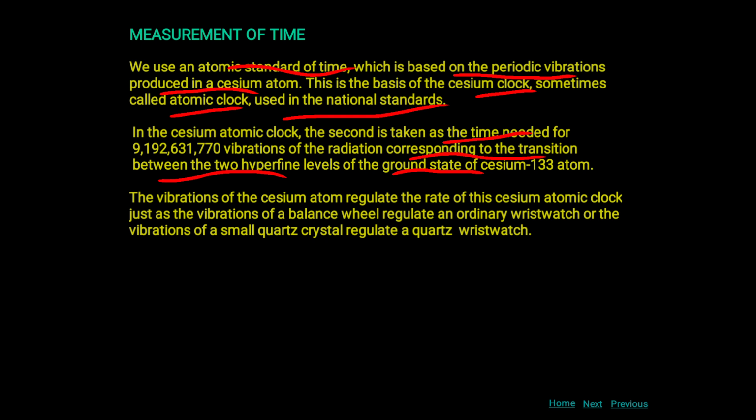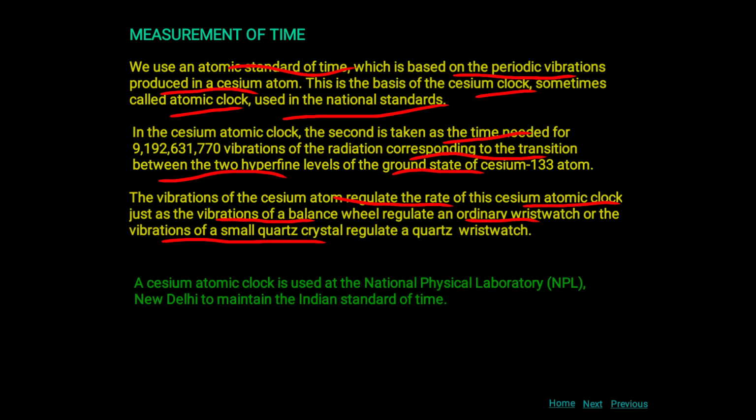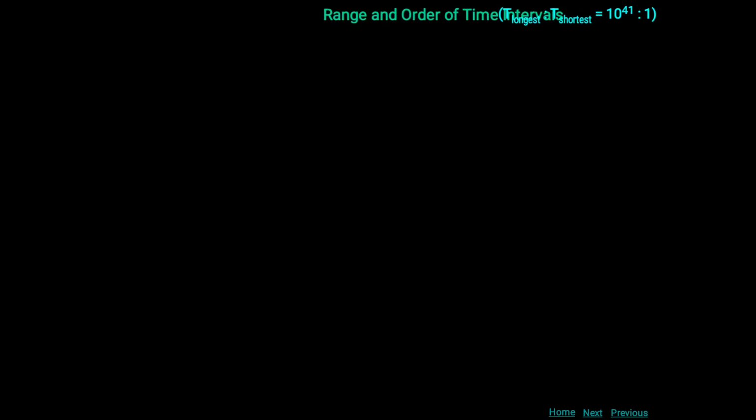The vibration of the cesium atom regulates the rate of the cesium atomic clock, just as the vibration of a balance wheel regulates an ordinary wristwatch, or the vibration of a small quartz crystal regulates a quartz watch. Now, a cesium atomic clock is used in the National Physical Laboratory, NPL, New Delhi to maintain the Indian Standard Time.